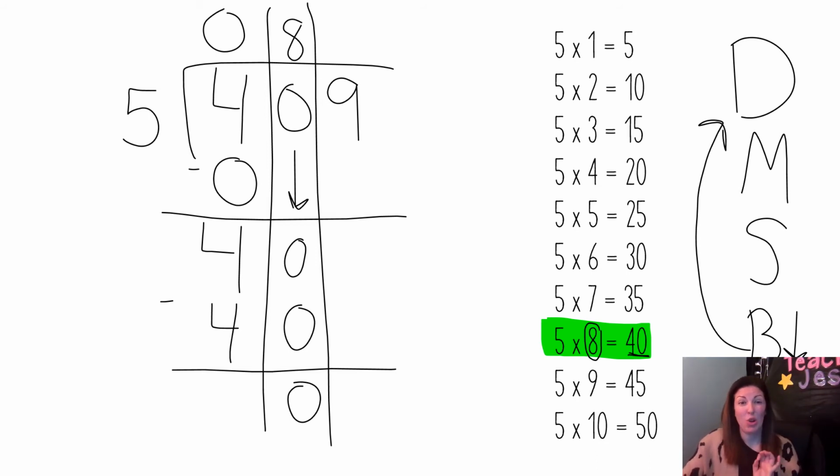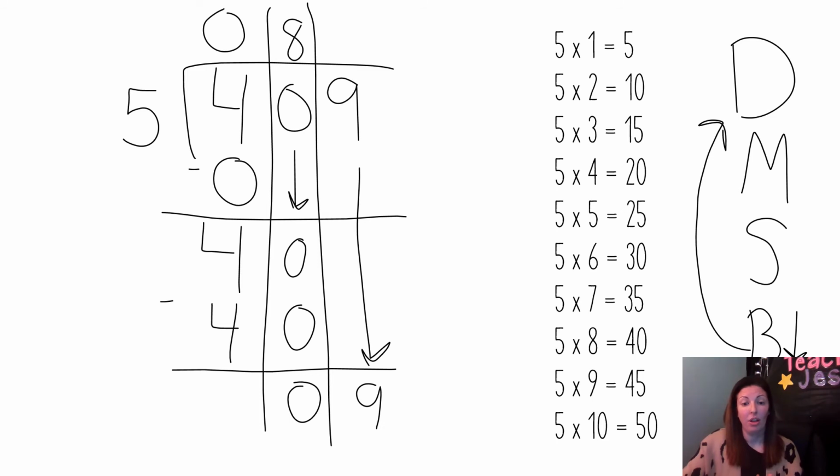However, we're not quite finished because we still have 9 ones that we need to divide up evenly and take care of. So we need to bring down our 9 ones, and now that's all that we're focusing on. Now we're going back up to the top with dividing. If I have 9 ones and I divide it into 5 groups, how many ones am I going to put into each group?